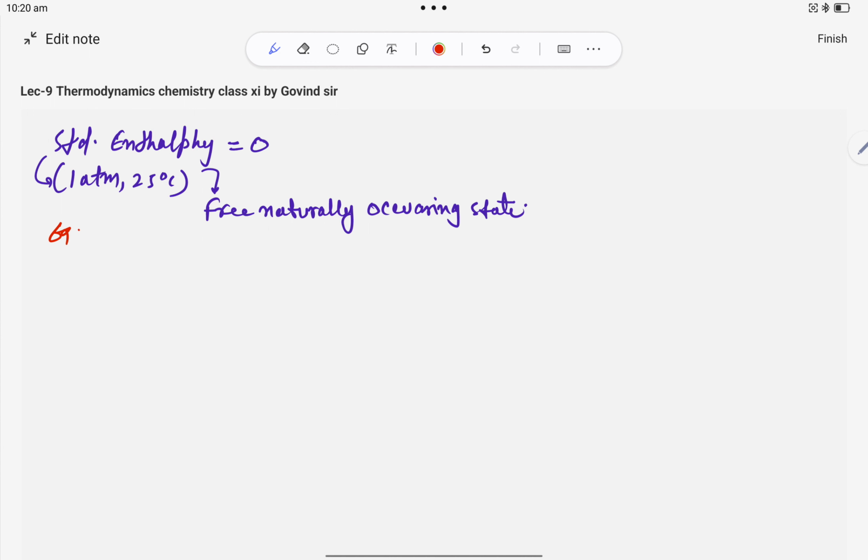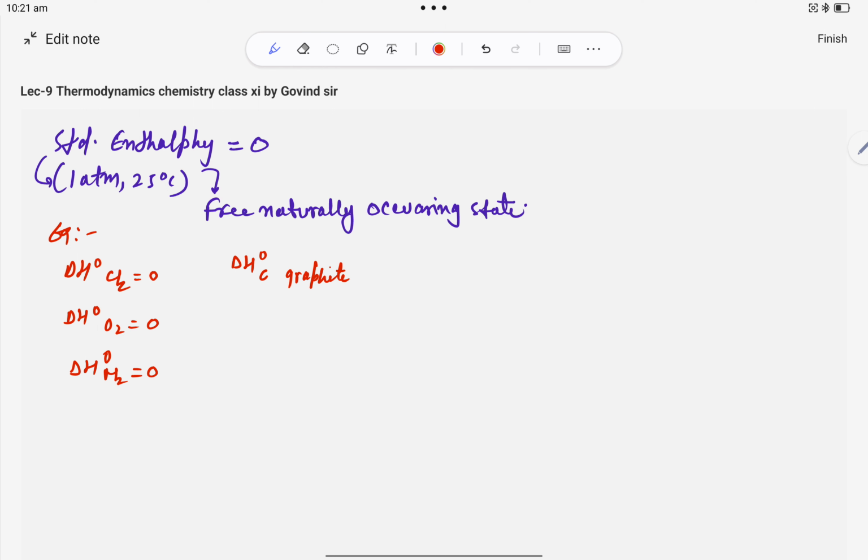Like what, children? Example, like delta H naught for Cl2 is 0, naturally occurring state, delta H naught O2 naturally occurring state, delta H naught N2 0. Similarly, delta H naught C means carbon, and carbon naturally occurring state is graphite.